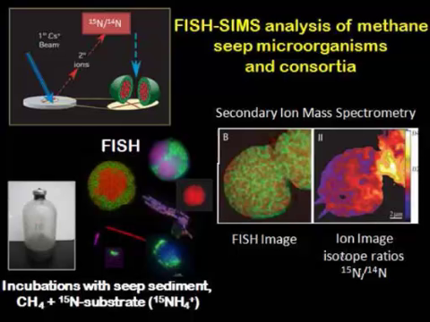And I just wanted to show you an example of an ion image that was collected with the NanoSIMS here. This is the FISH image of a dual species aggregate that's in the process of dividing. And this is the corresponding 15N/14N ratio image of that cell after incubation with ammonium. And the warmer colors represent more incorporation of the 15N label.